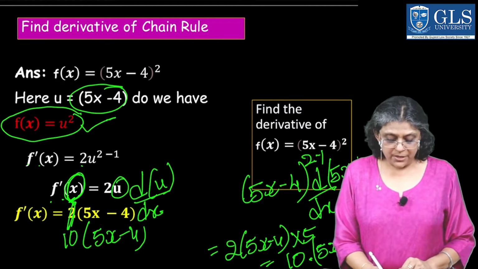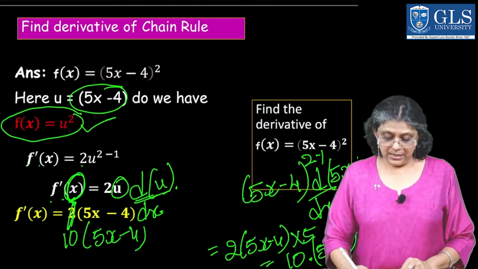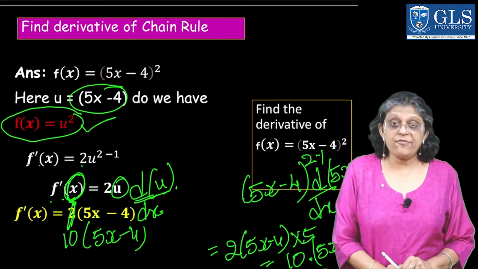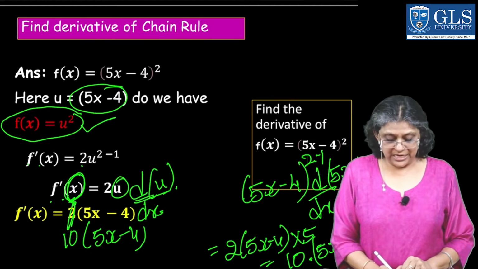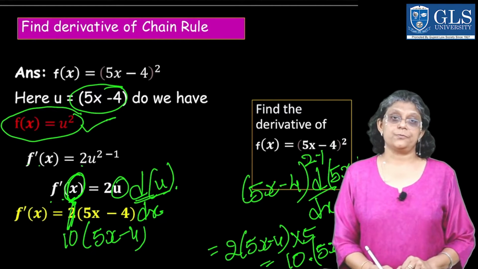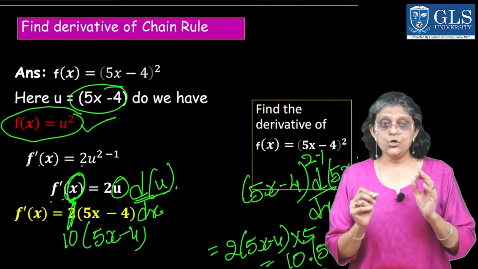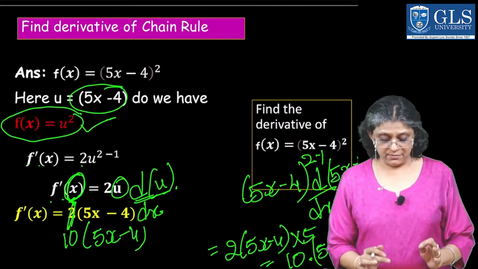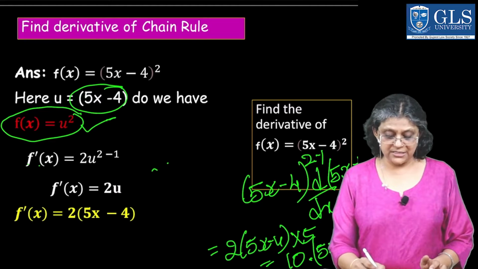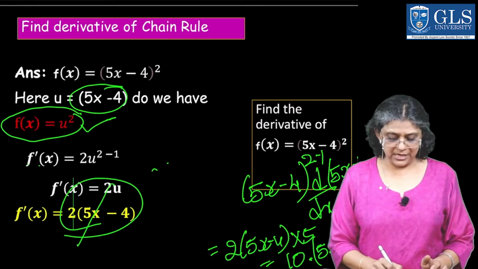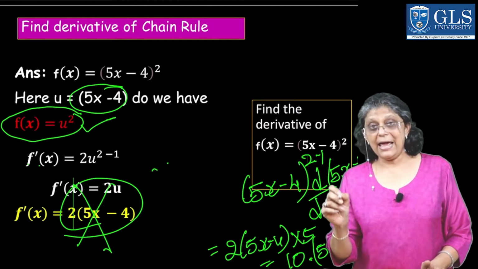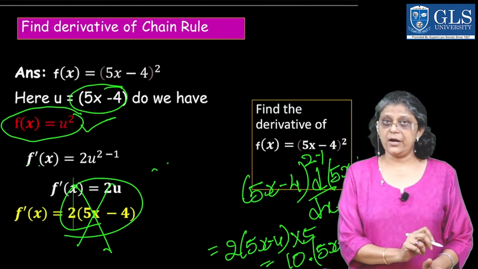Here, the derivative of u is what we found here, and that is why my f'(x) will be 10 into (5x minus 4). Is it clear? Usually students will write in this format only. This answer is wrong, because u and x are different.